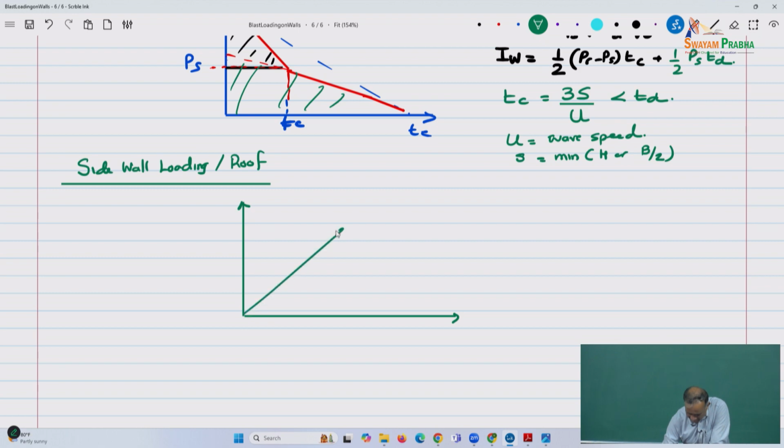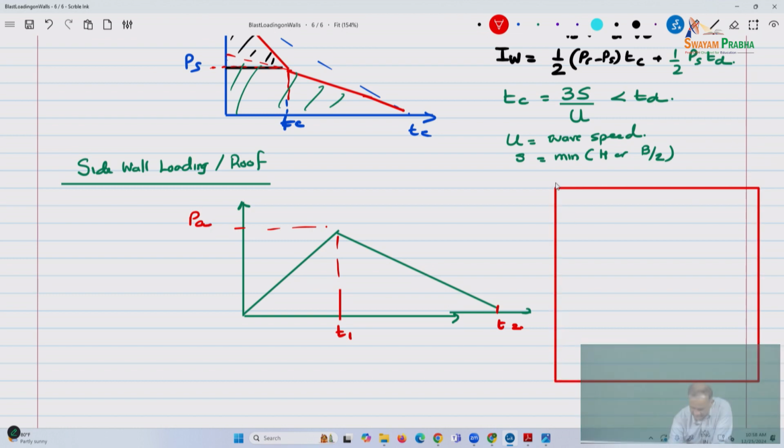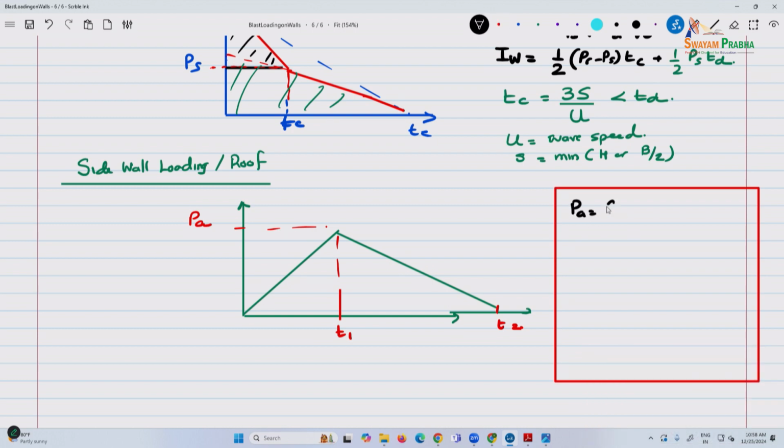You have here now 2 times, T1 and T2, and this is PA. So the equations corresponding to the side walls are PA is CE multiplied by PSO plus CD multiplied by Q naught.